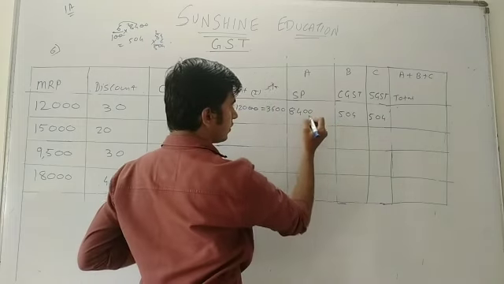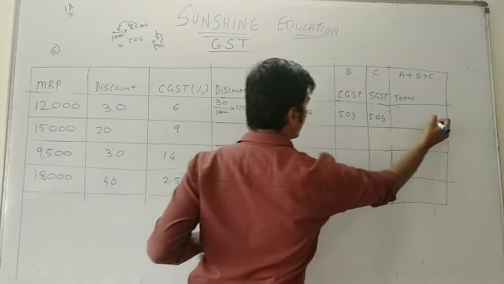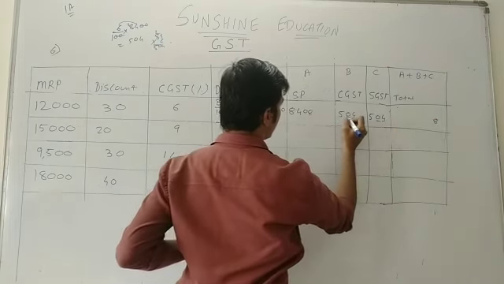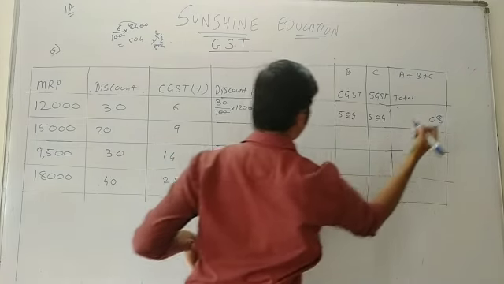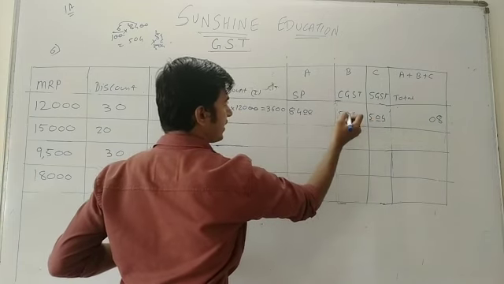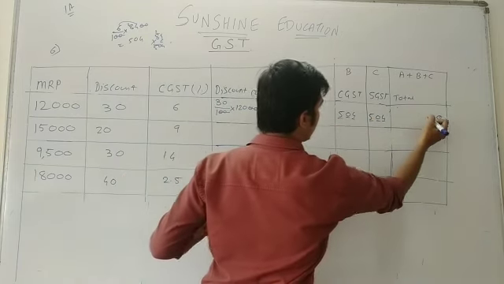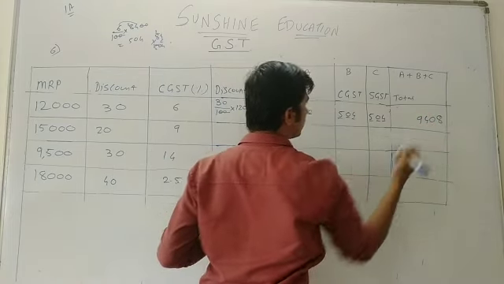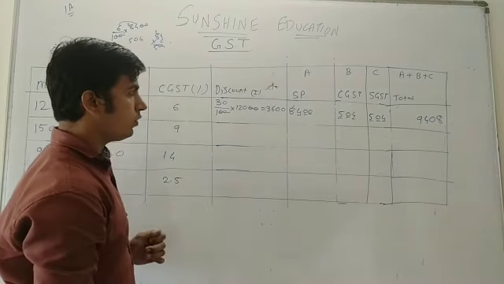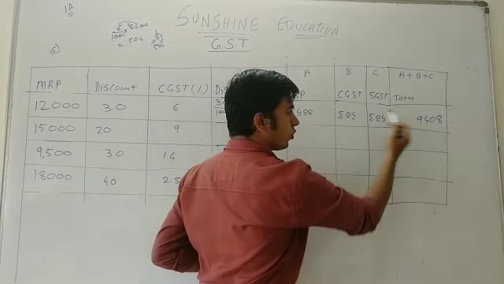So see, 0 plus 4 plus 4, that is 8. 0 plus 0 plus 0, 8, 0. Then 5 plus 5 is 10 plus 4 is 14. So 14, 8 plus 1, 9. So this is the total value. Now this value includes the tax.